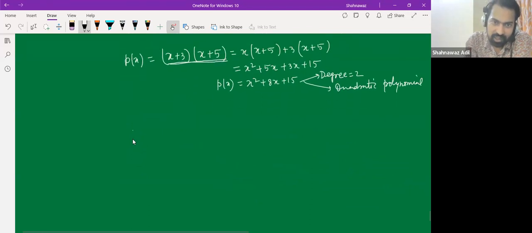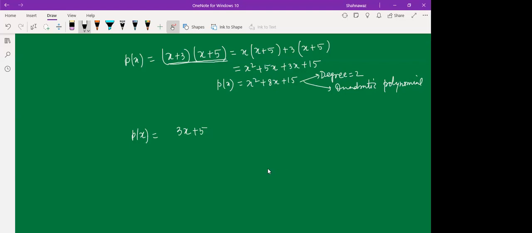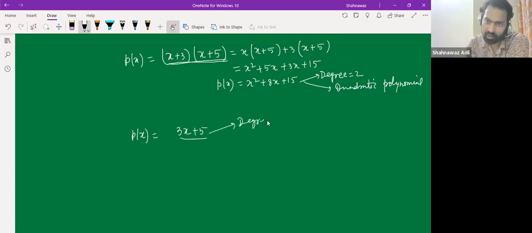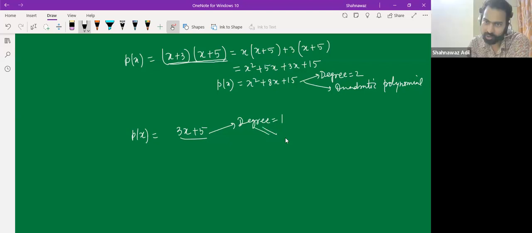So let's say that I write a polynomial like this: 3x plus 5. Right. So what is the degree of this polynomial? So 1, right? So the degree is 1, so this is a linear polynomial. Absolutely correct. And how many variables are there?